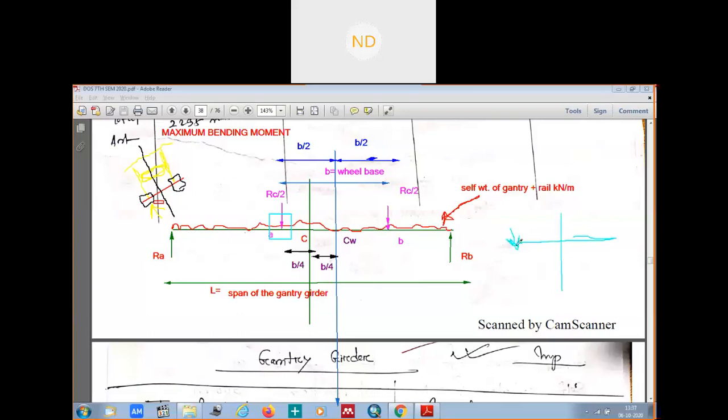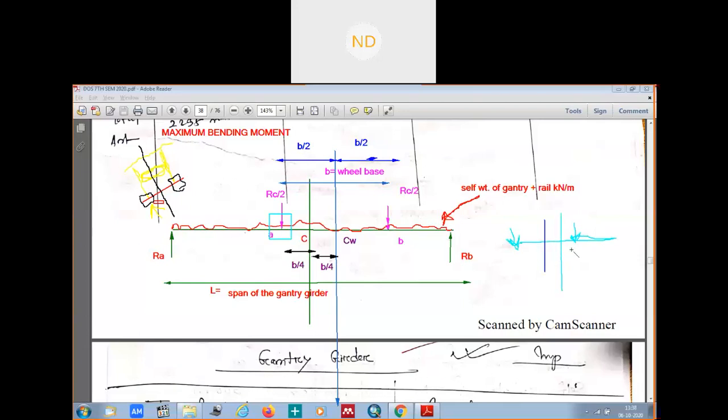Here is one wheel, another one is here. Here you see this wheel is nearest to the CG of the gantry girder. Suppose this will be the CG of these two wheels. So now this is the C of the gantry girder, this is the C of the wheelbase.